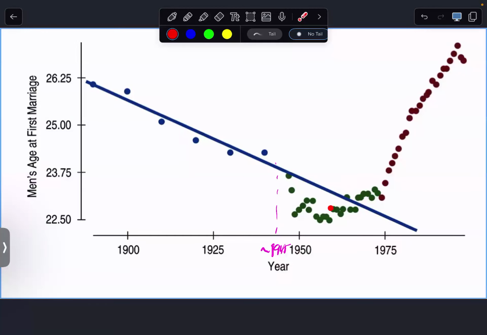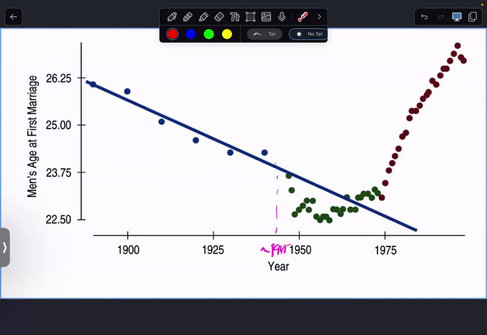Notice that there's three colors, kind of hard to see, but here it's blue, here it's green, and here it's red. Each of these, we could fit individual models for, and we could make a piecewise function to cobble this thing together, right? If the years are up to 1945, use this linear model.